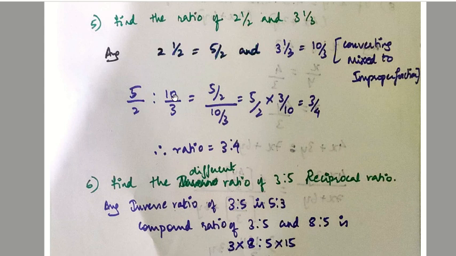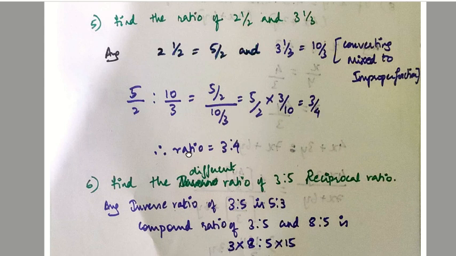So 5 by 2 is to 10 by 3. You're supposed to find out the ratio. So 5 by 2 divided by 10 by 3. The numerator becomes the denominator and the denominator becomes the numerator, and the division sign becomes a multiplication sign. So 5 ones are 5, 5 twos are 10. So 3 by 2 into 2 is 4. So the ratio is 3 is to 4.